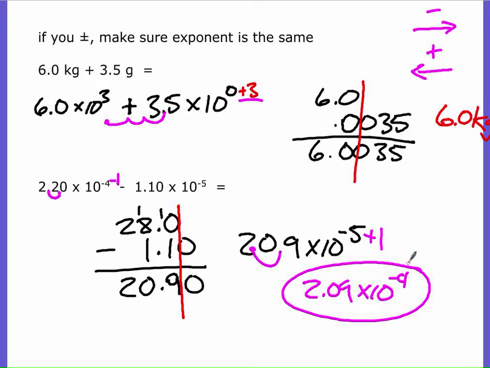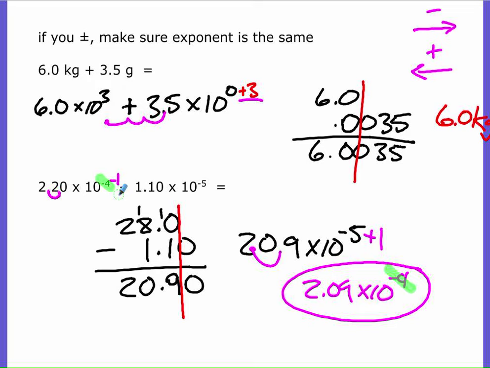Now one thing I'd like you to see with this example specifically is that this negative 4 power here, I already had that up here. If you recognize which exponent is smaller and you try and make it match the bigger one, you typically won't have to do extra work at the end.